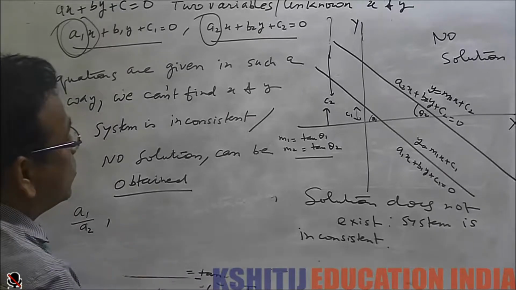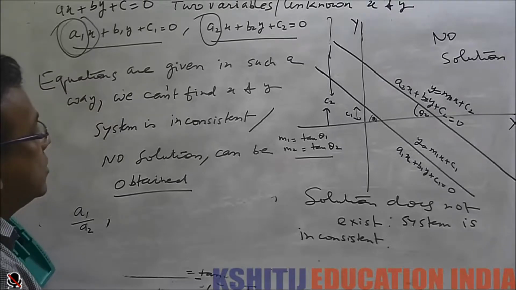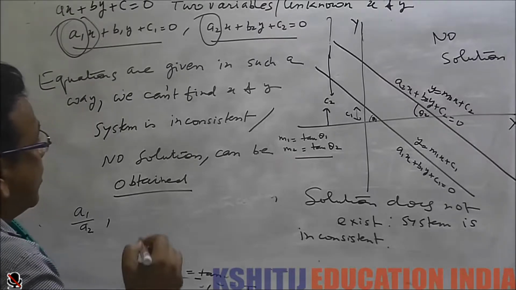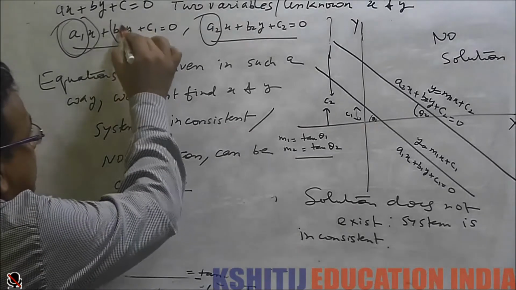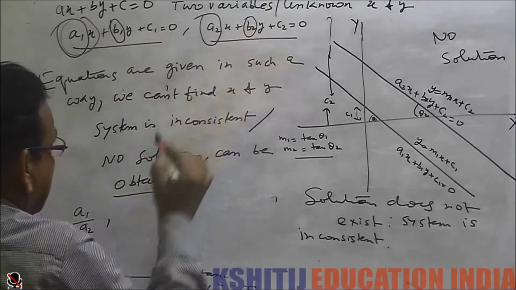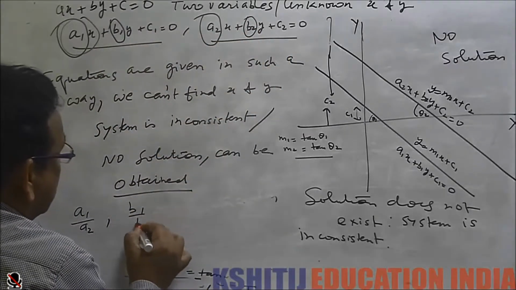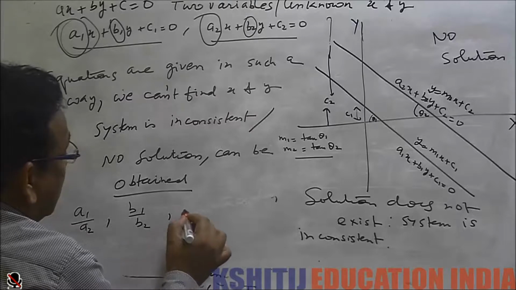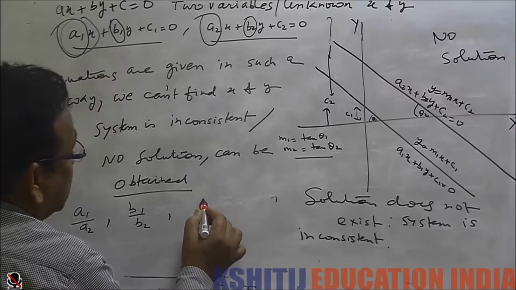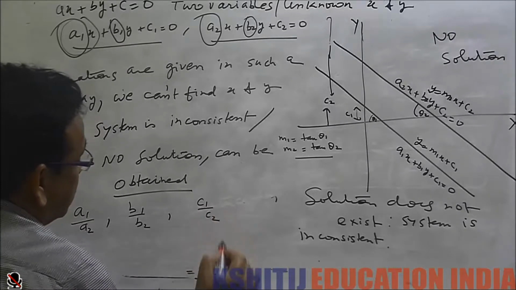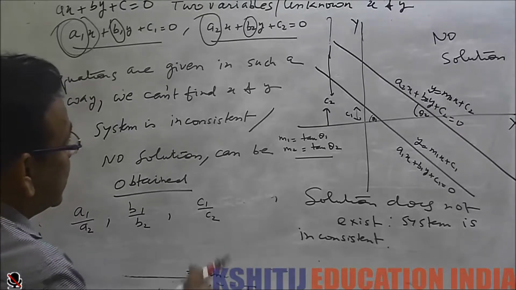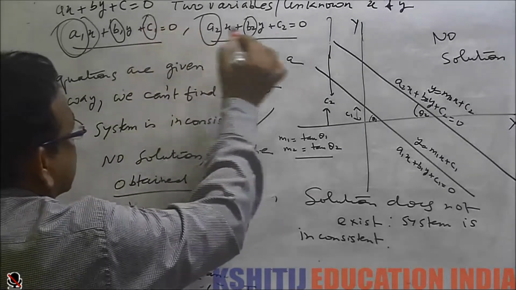Another ratio of the coefficients of y, so I am taking this one first, this to that, so b1 over b2, and c1 over c2. Right? This is the ratio of the constants in the given equation.